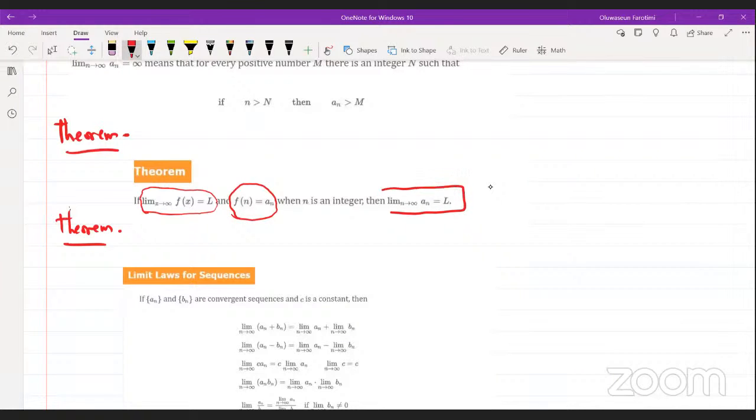And the best way to see how this works is when we do examples. So right now it still looks like theory, but when we do an example, you see how applicable it is.